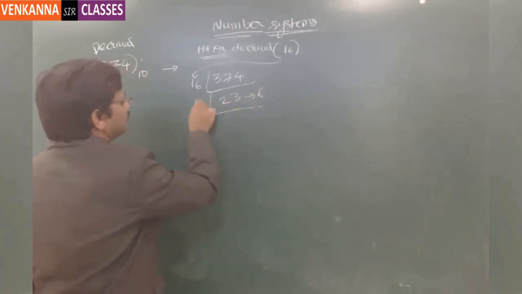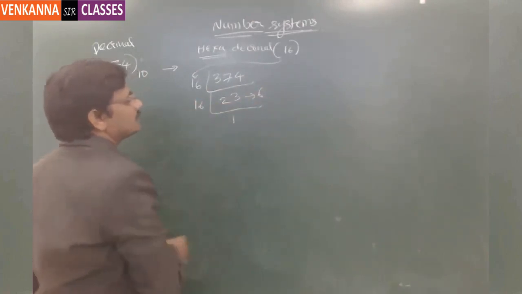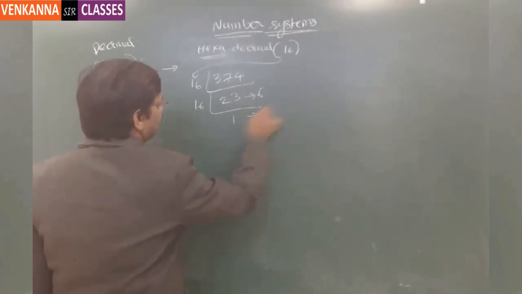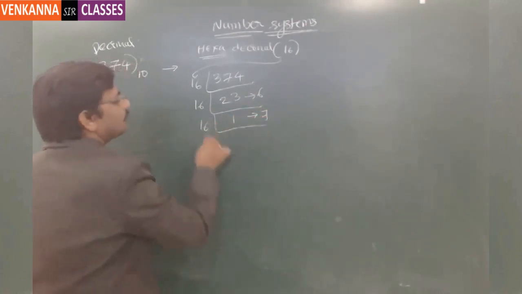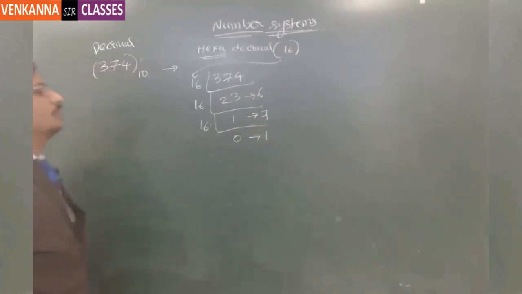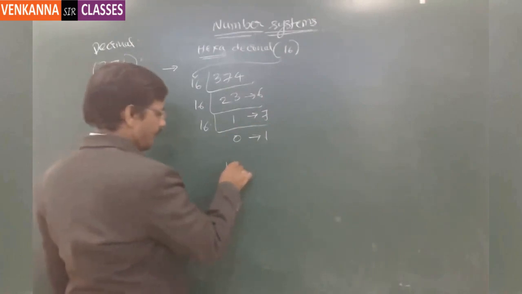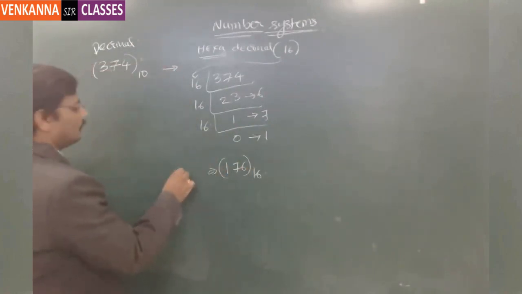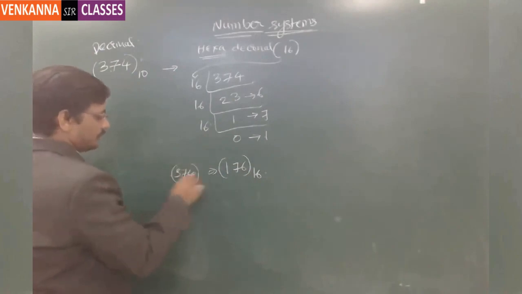And then if you take 16 again, it goes once, and then it leaves a remainder of 7. And then again 16 goes 0 times and it leaves a remainder of 1. So 176 base 16 is equivalent of 374 base 10.